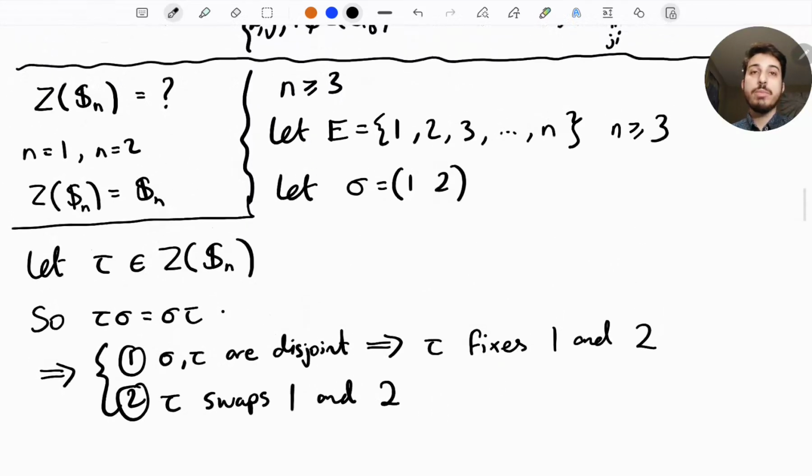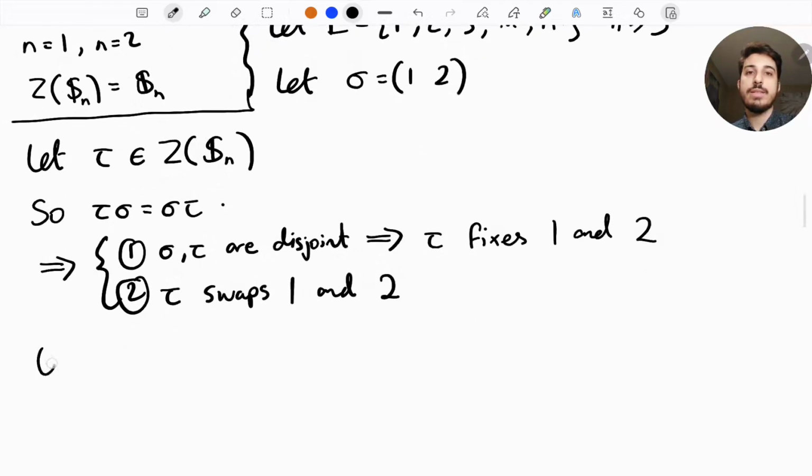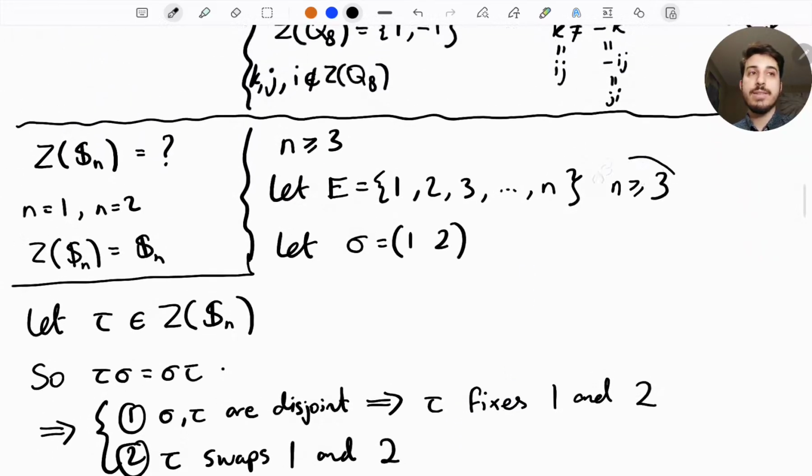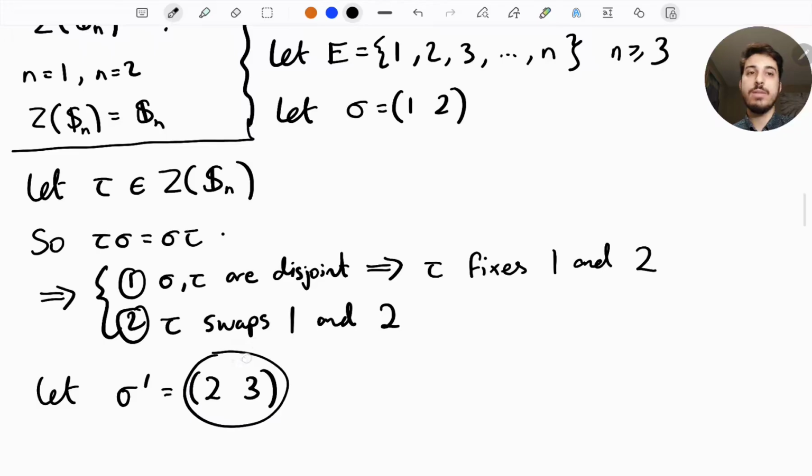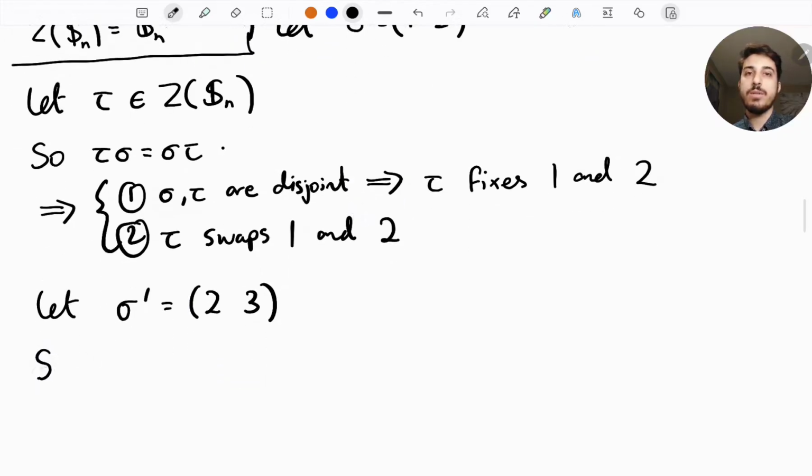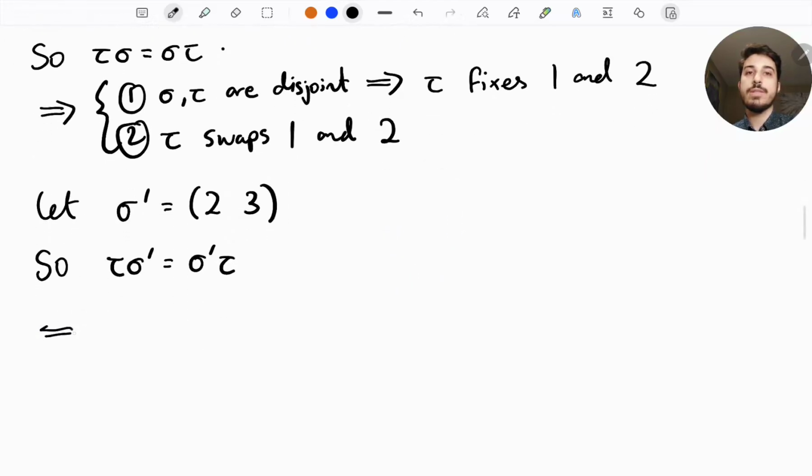Now, we can repeat the same sort of argument, but not with sigma, with another two-cycle. Let sigma prime be equal to the two-cycle that swaps 2 and 3. Because remember, E is a set that contains at least 3 elements, so we can have 2 and 3 as well. So tau sigma prime is equal to, you guessed it, sigma prime tau, leaving us two possibilities again.